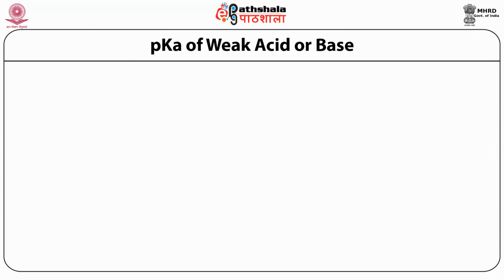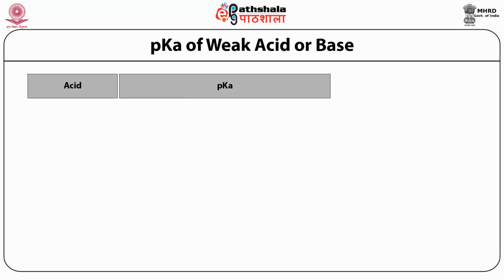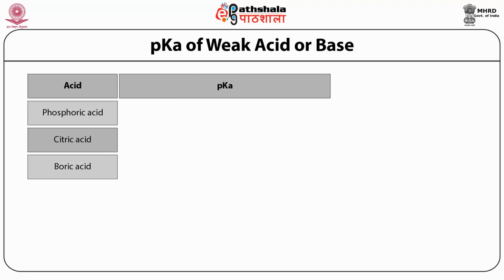In continuation of the Henderson-Hasselbalch equation, where we have explained the importance of pH and pK for determining the dissociation of a weak acid, in this table we have given the values of the pK for phosphoric acid, citric acid, boric acid, and carbonic acid.